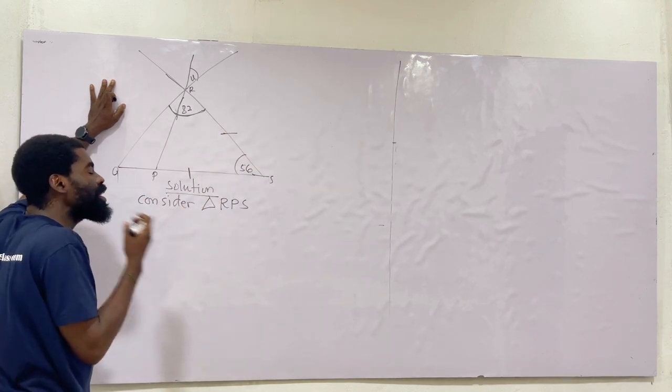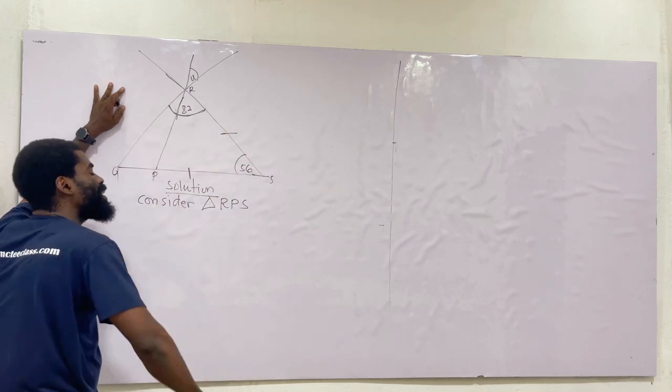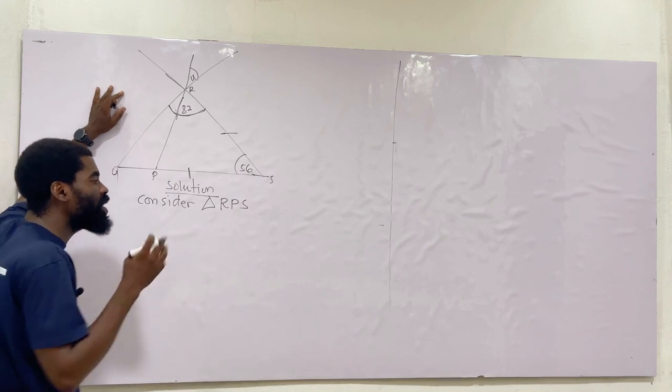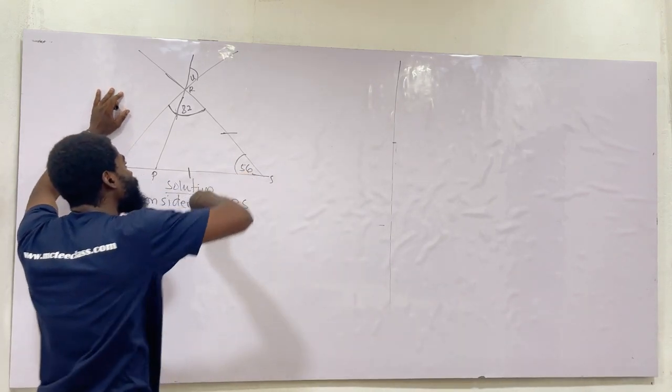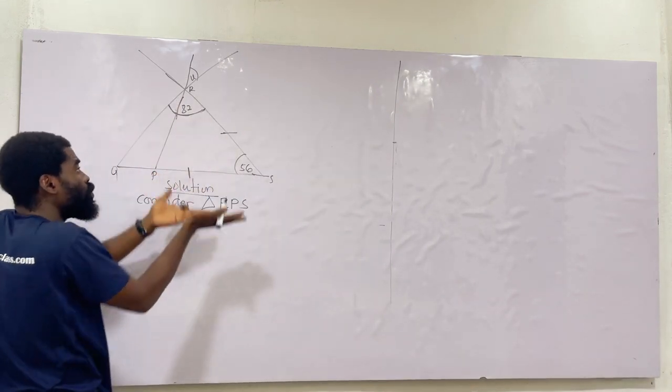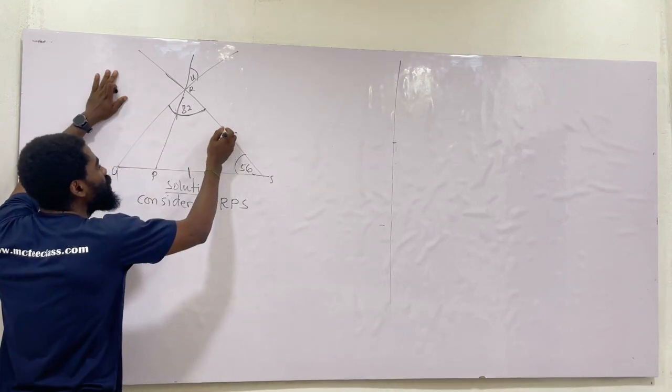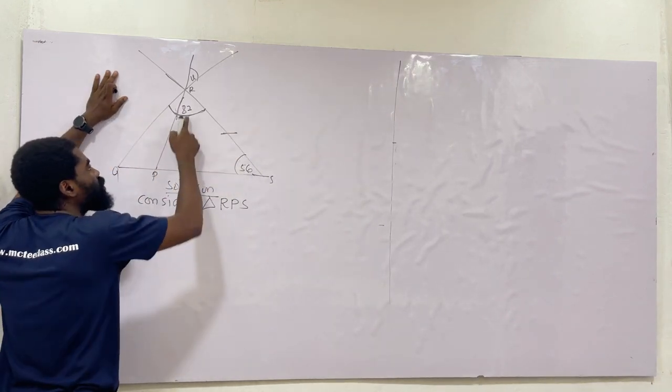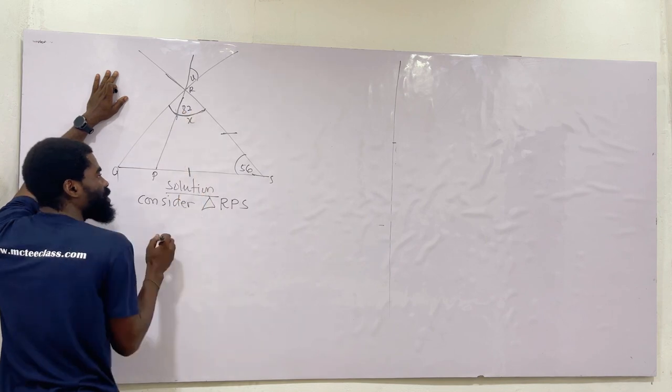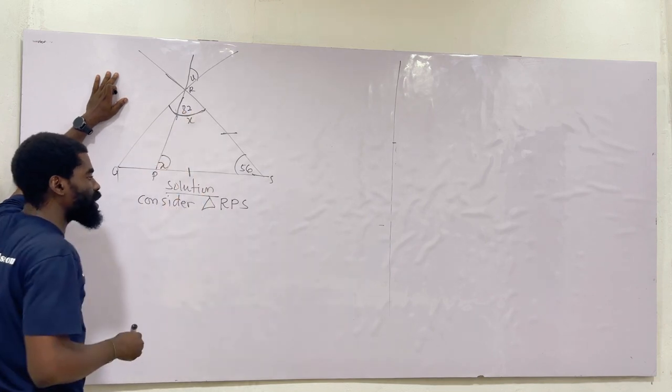One of the things we need to understand when it comes to triangles is the interpretation of the strokes, right? So if I'm interpreting the strokes, this angle is facing here and this one is also facing this. So if I place the variable x, then the angle here is also x.